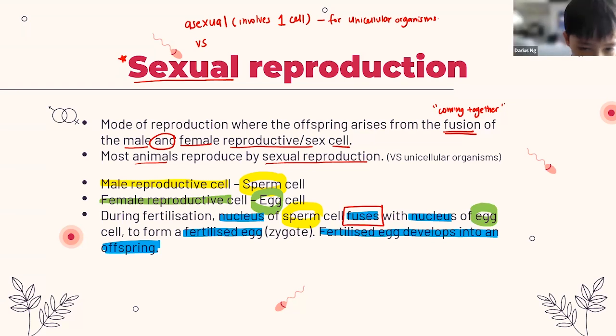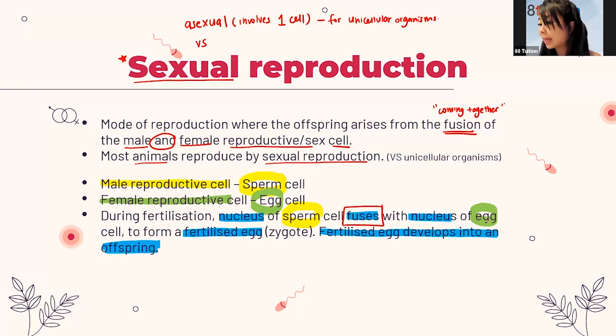I think the last point. So you know what a male reproductive cell and female reproductive cell is? Yes. Okay, what is fertilization? It is the process, focus here first, where the sperm and egg will come together, okay? And inside the sperm, there's a nucleus, correct?